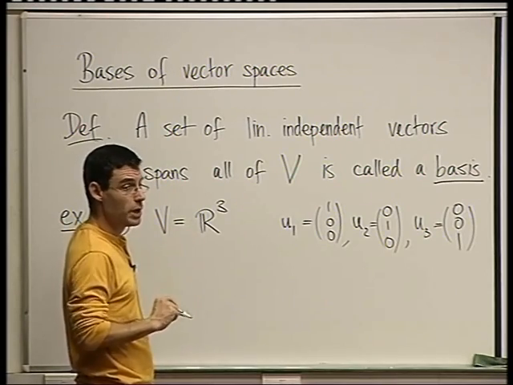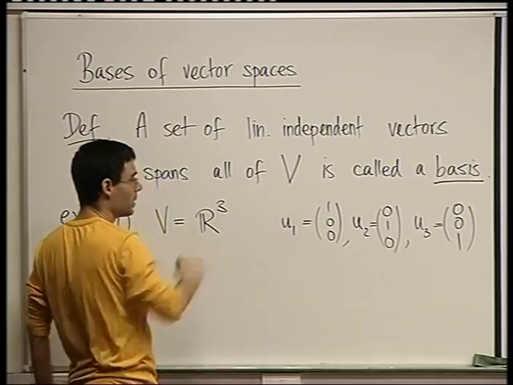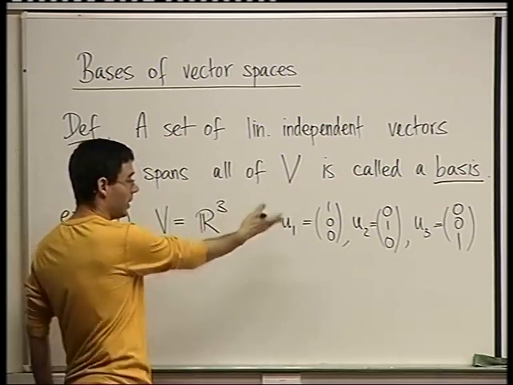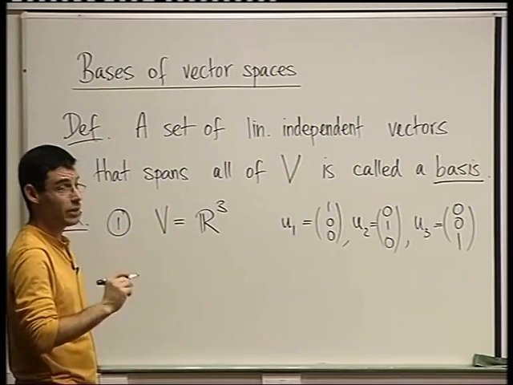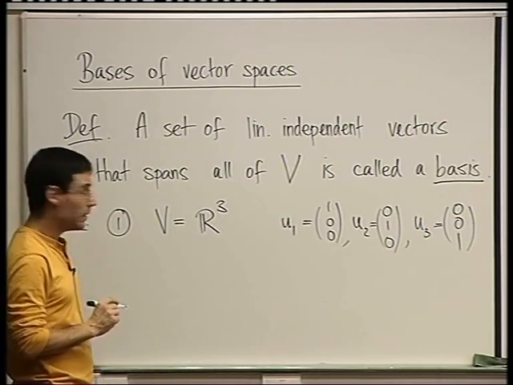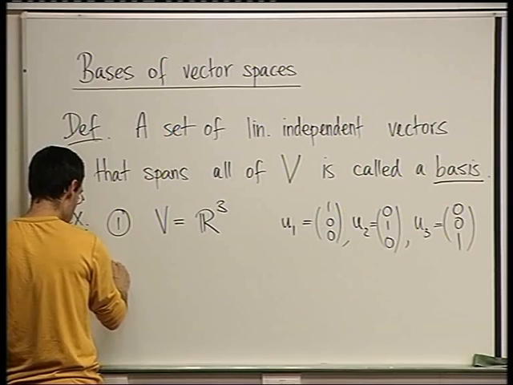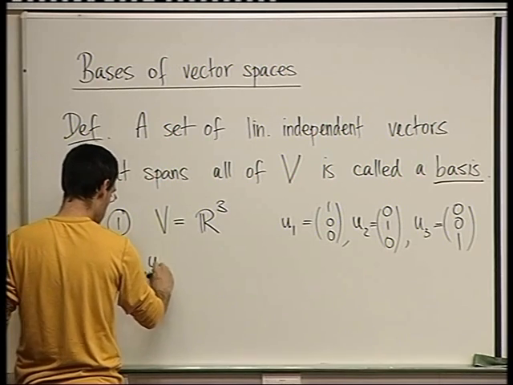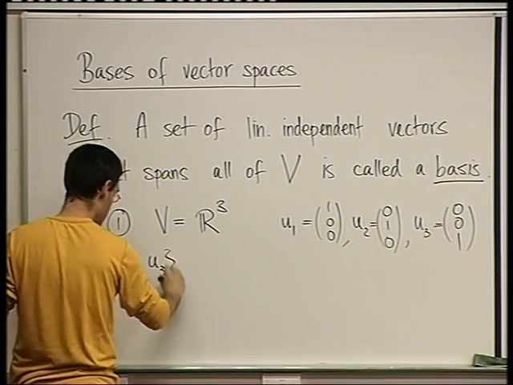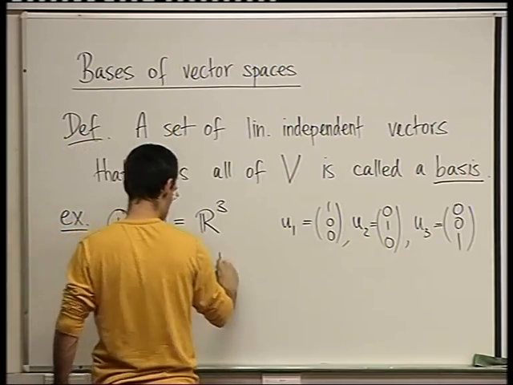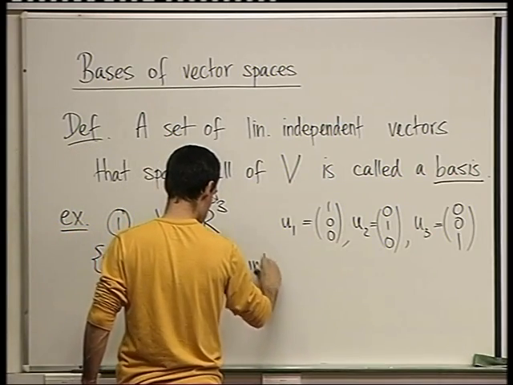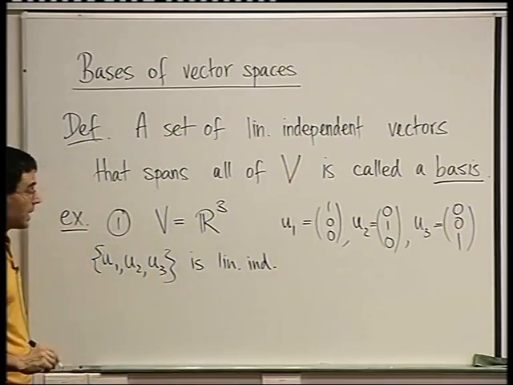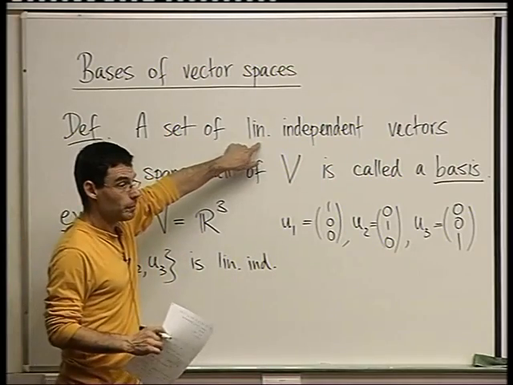Remember, those were the two ways, but either way you can easily verify, we even said all the details, that this is a set of linearly independent vectors, right? So U1, U2, U3 as a set is linearly independent. Good? So that's this property.